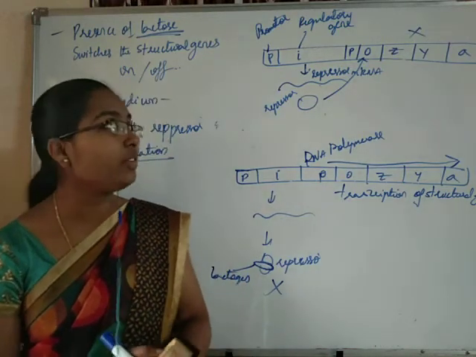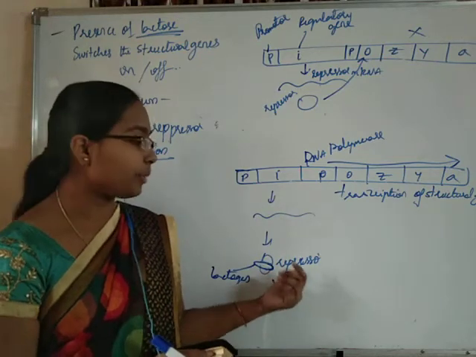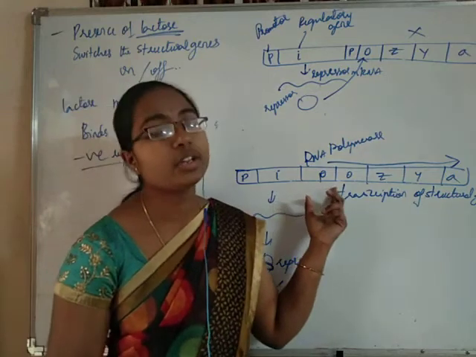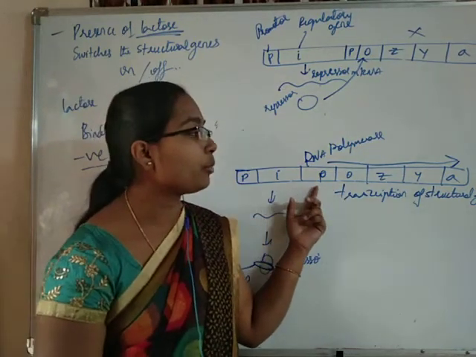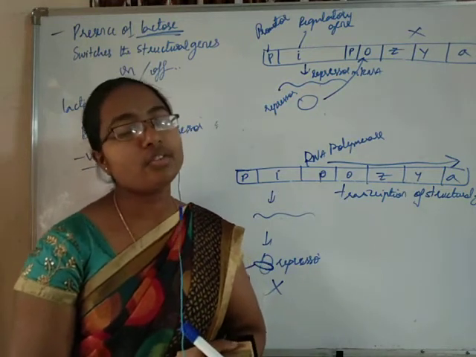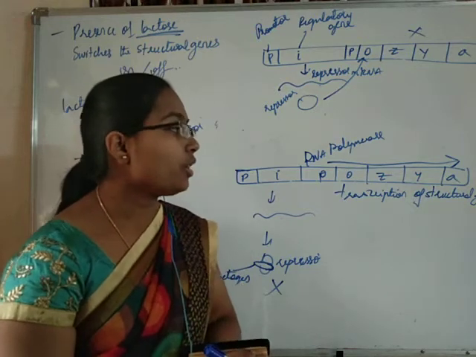But the presence of lactose will cause the repressor to bind with the lactose. Now there is nothing to bind with the operator. Now the RNA polymerase can freely move from the promoter till the last part of the operon. Okay. In that way it is involved in transcribing all the different components of the genes.